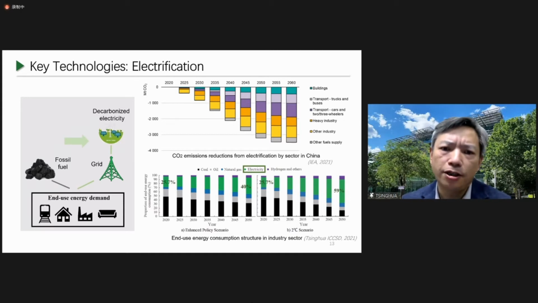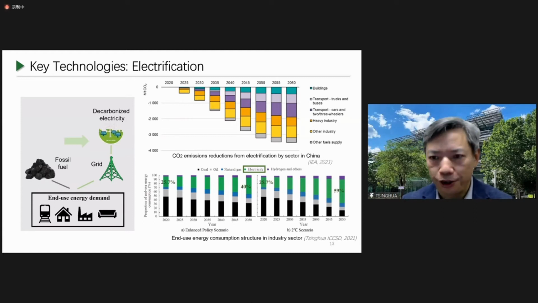So this technology pillar is of particular importance since it covers almost the entire energy system and contributes nearly 15% of cumulative emission reductions relative to the current level over the process to carbon neutrality by 2050 or 2060.